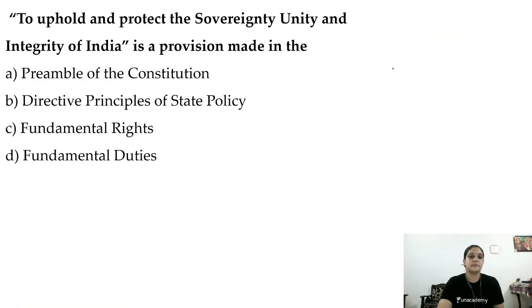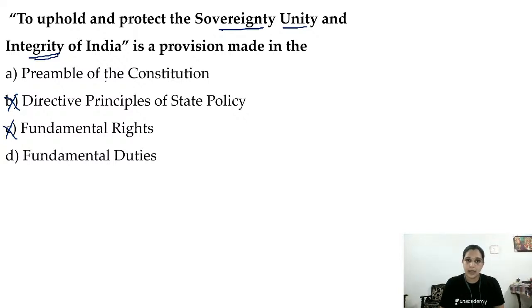Next. To uphold and protect the sovereignty, unity and integrity of India is a provision made in: Preamble of Constitution, Directive Principles of State Policy, Fundamental Rights, Fundamental Duties. They are given in double quotes, which means it is a straight statement. So not Directive Principles or Fundamental Rights; in both, they did not talk about sovereignty, unity and integrity of India.